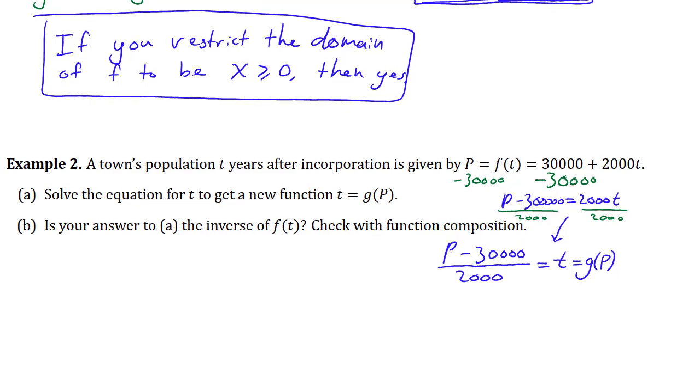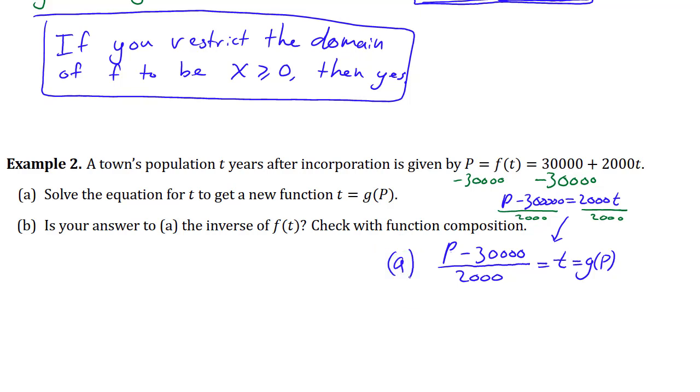And if you do that, 32,000 minus 30,000 and divide it by 2,000, the result is going to be t. So what this function does is it tells you how to get the year in which the population is any number that you want. So it gives you the year in terms of the population. Okay, so that's the answer to part A.